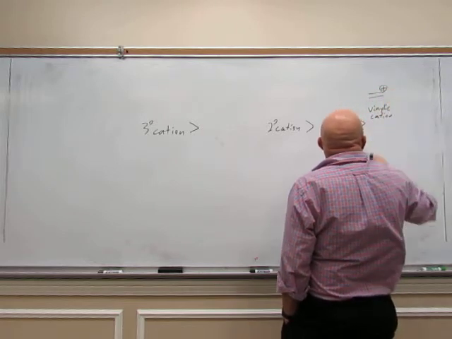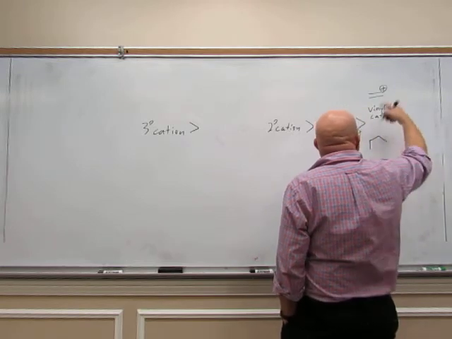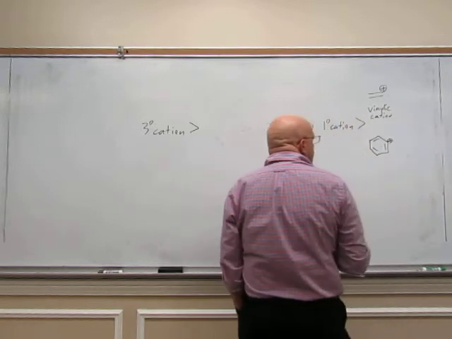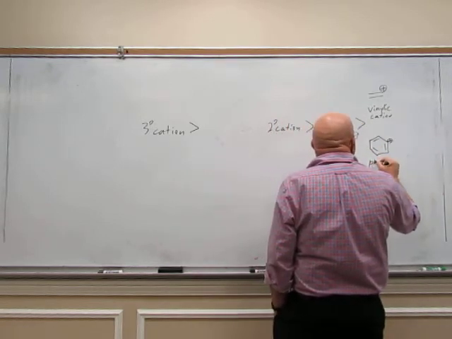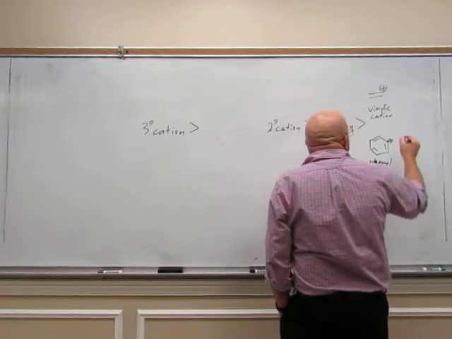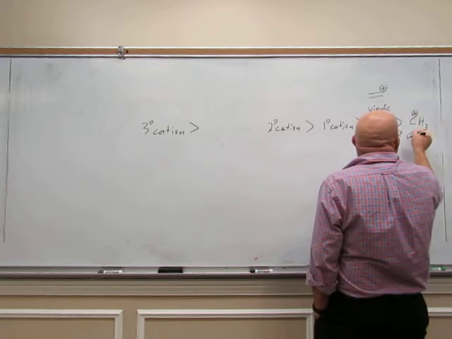That's where it's on a double bond, plus charge on the double bond, and also a phenyl. These two are about the same stability. Phenyl cations, where you have the plus charge on the phenyl ring. And then this is more stable than a methyl cation, which does not exist.